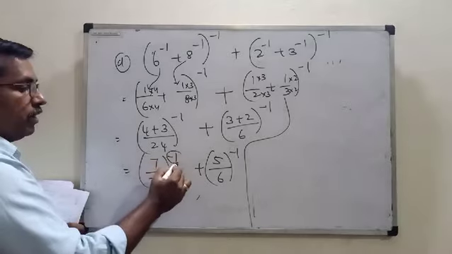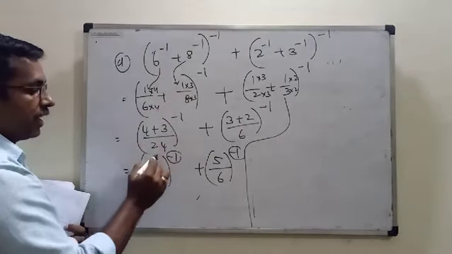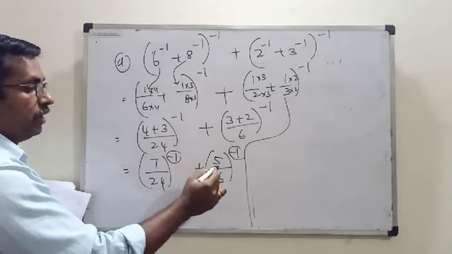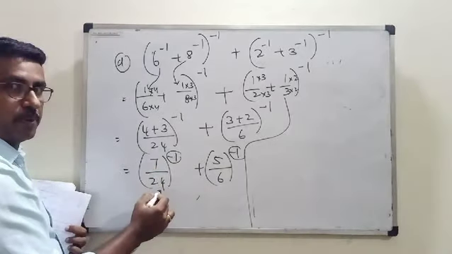Understood where this minus 1 came from? So we simplified the bracket. Again we got a negative exponent, we convert into positive exponent.